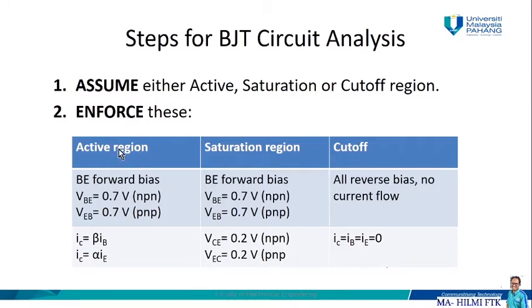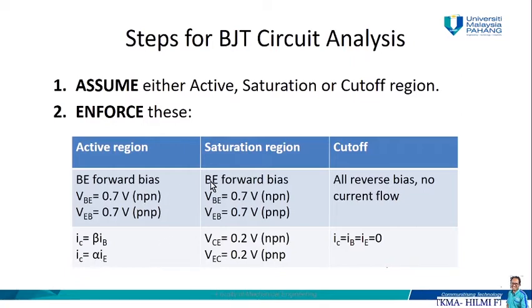So if the BJT is in active region, then we are going to enforce the value for VBE is 0.7 volt. But if the transistor is PNP, then VEB is 0.7 volt. And then we are going to define IC is equal to beta IB, or IC is equal to alpha IE.